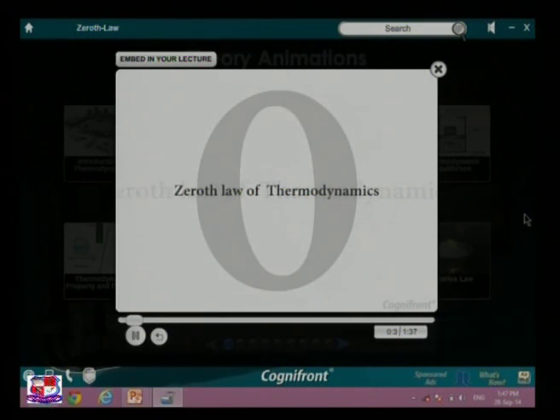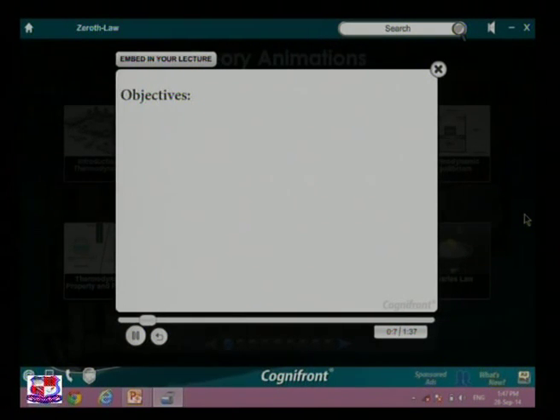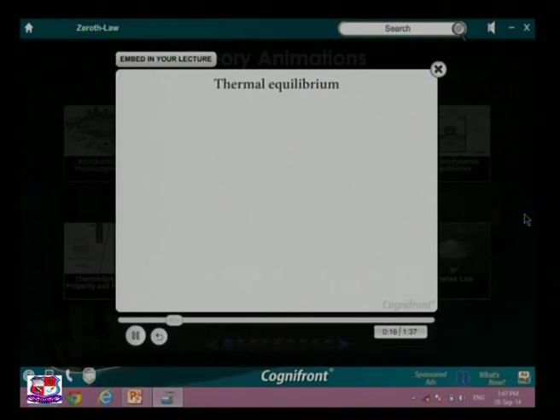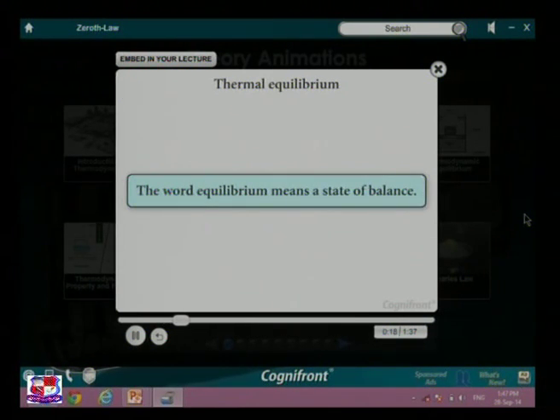Law of thermodynamics. Let us understand the concept of thermal equilibrium and the zeroth law of thermodynamics in this session. Thermal equilibrium. The word equilibrium means a state of balance.